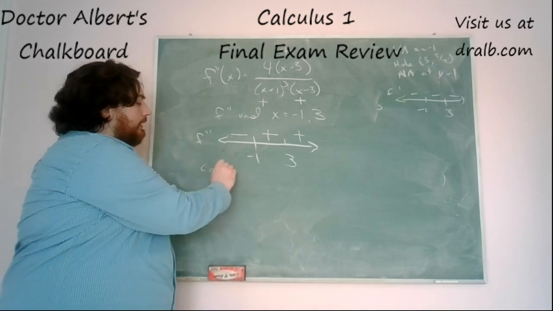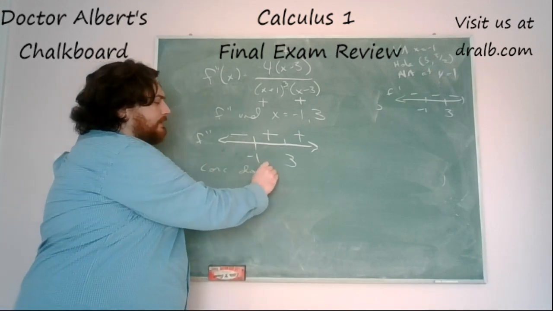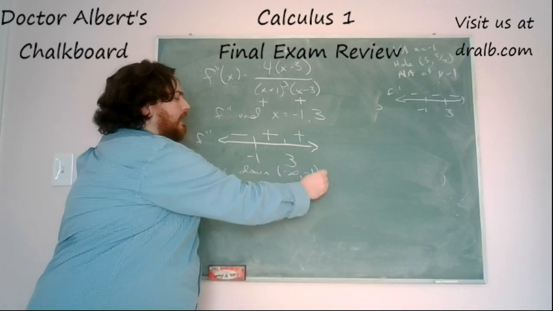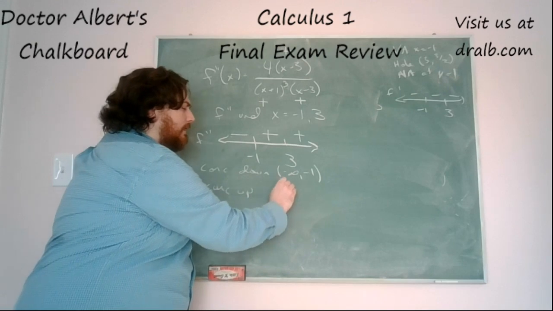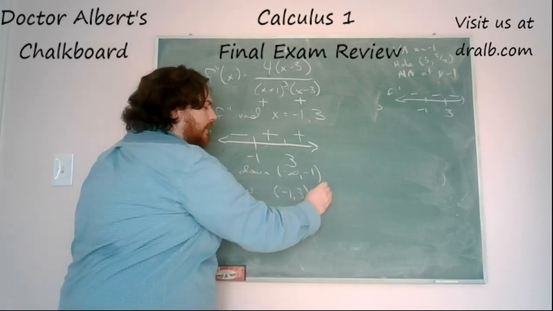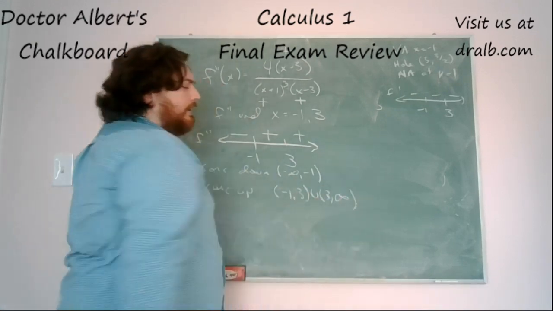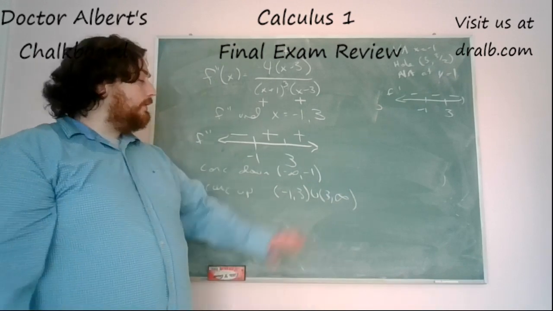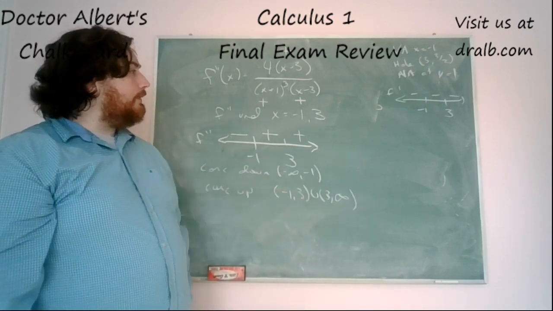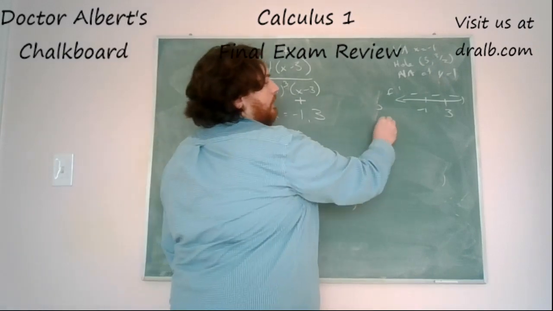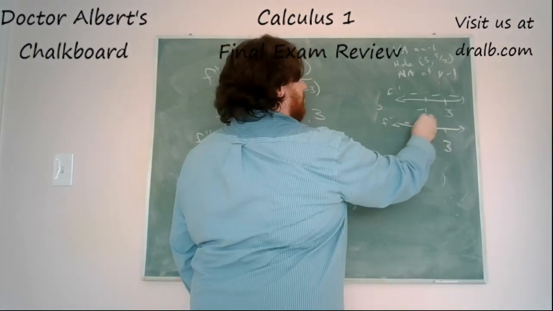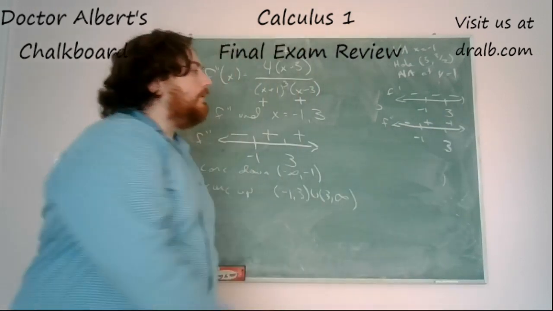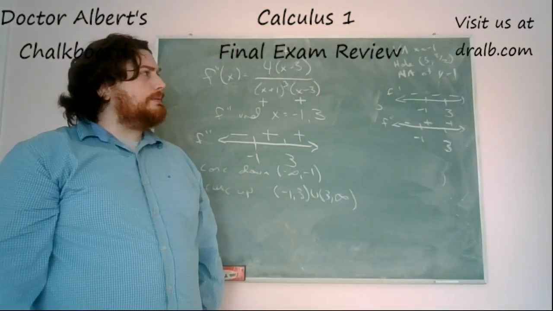So what I get is concave down on negative infinity to negative 1, and concave up on negative 1 to 3, union 3 to infinity. Where my second derivative is positive, I'm concave up. Where it's negative, I'm concave down. And so I'm going to write that over here as well. So I end up with that picture.